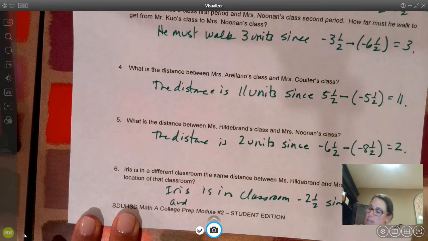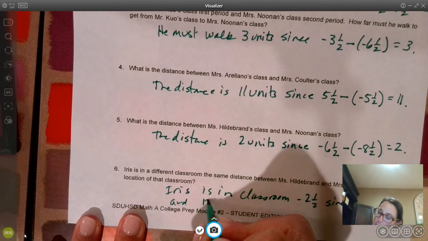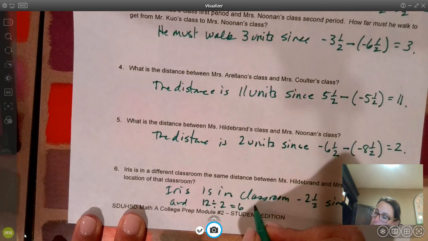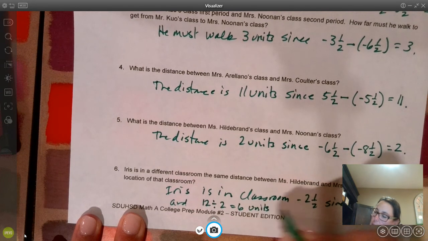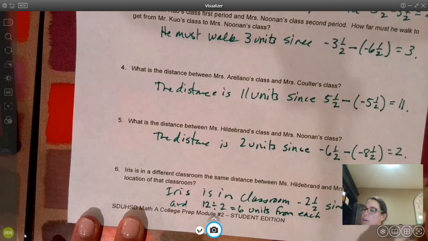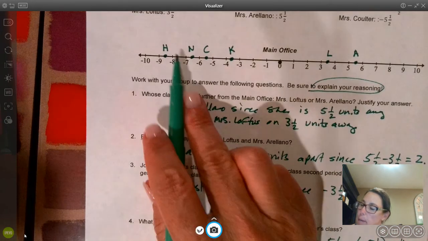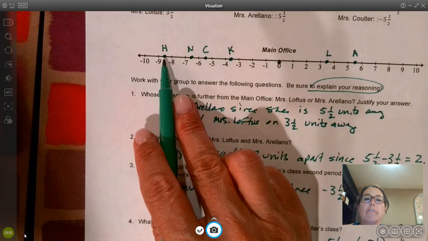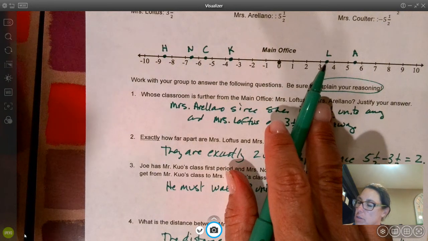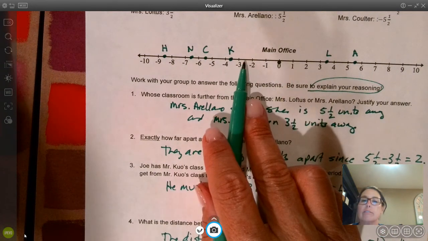And if she's the same distance, we need to divide that by 2. So 6 units from each. So we need to basically find the halfway point from here to here, which is negative 2.5.